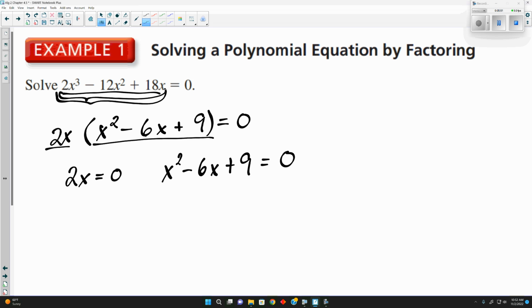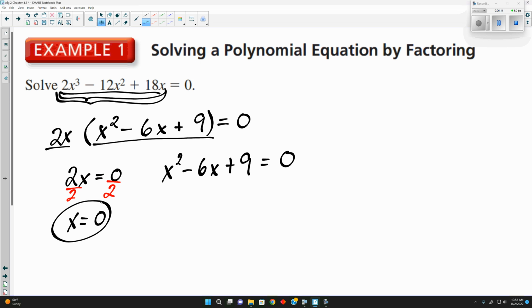But if we pull that greatest common factor out, we have 2x times x squared minus 6x plus 9. Well, we can solve 2x equals 0. Here we can divide both sides by 2, telling us x is equal to 0. That is one of the solutions. So one of the solutions for this polynomial is 0. Now we need to look at the other one.